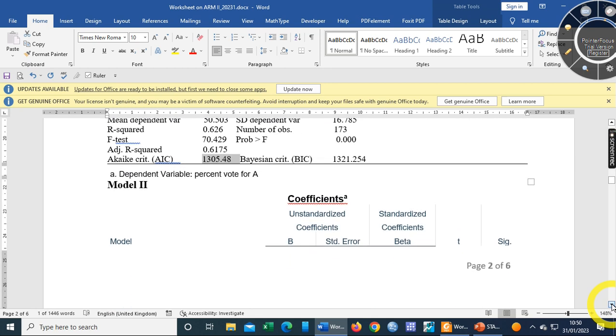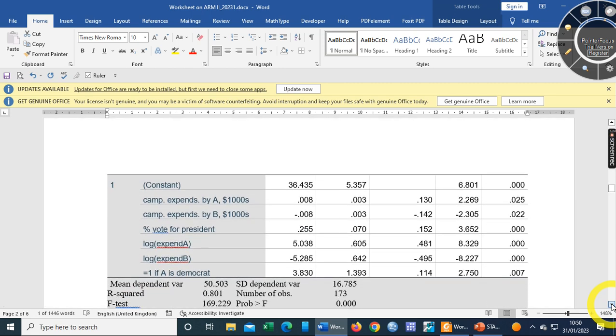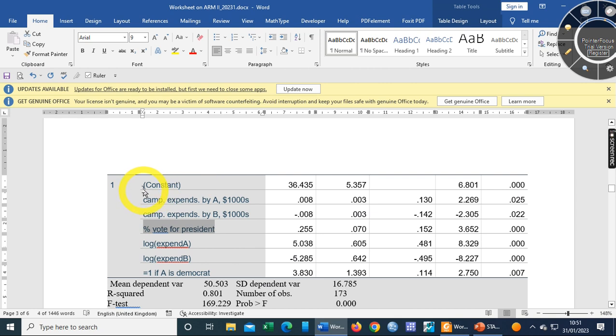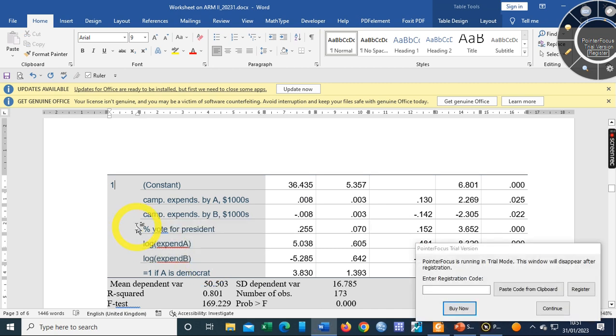Come to the second model, model 2. We have campaign expenditures, vote for president, and expenditures in their logarithmic form. This is expenditure at level.